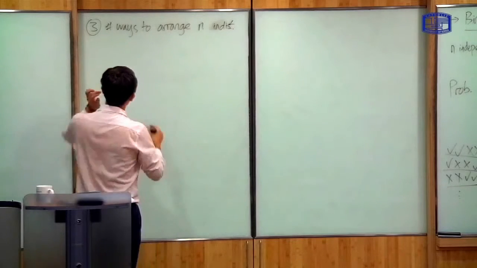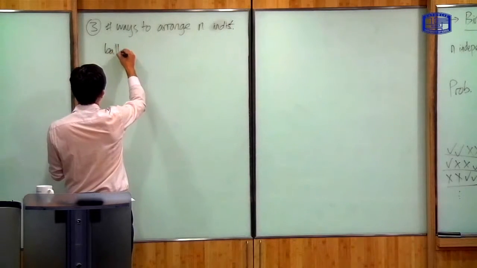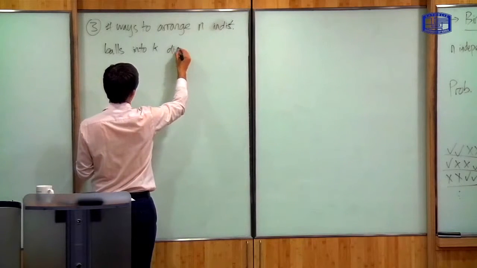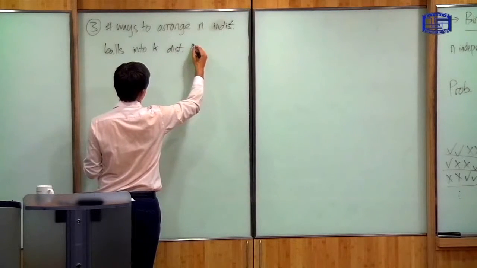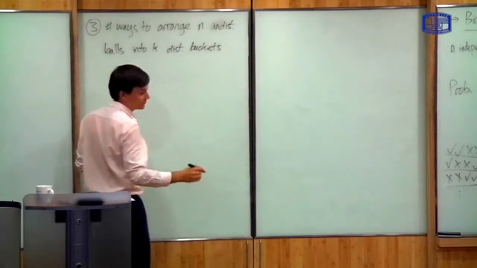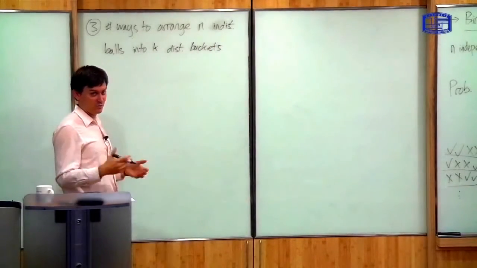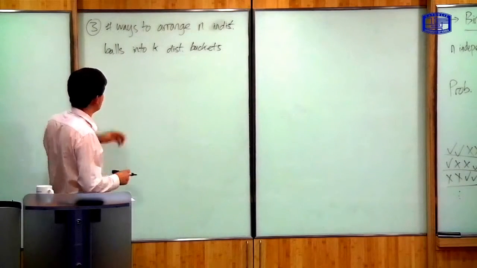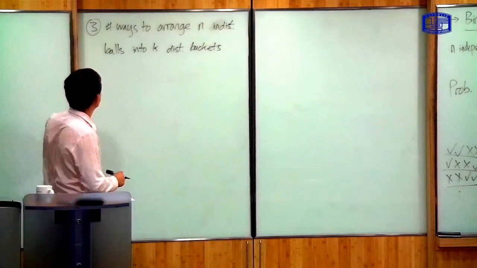N indistinguishable balls into k distinguishable buckets. So I have a number of balls and a number of buckets, and I just throw a number of balls in each bucket, and I need to know the number of ways of arranging this.